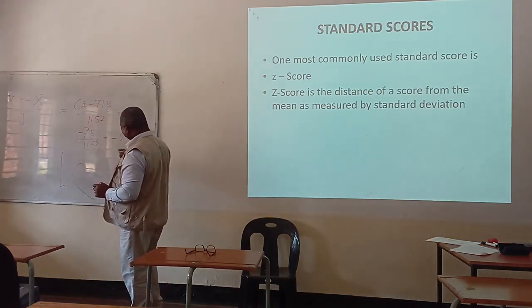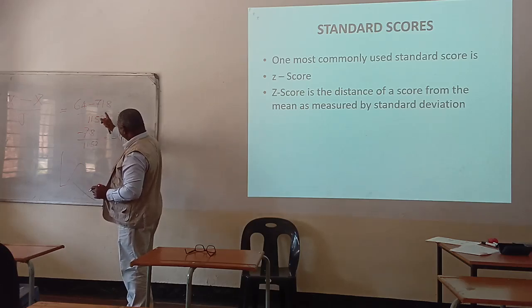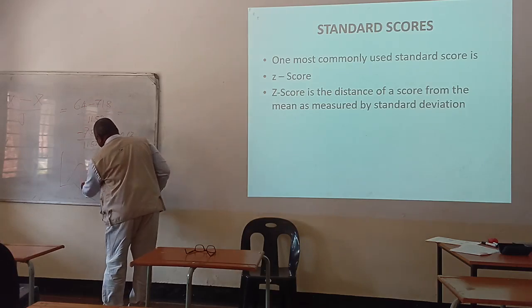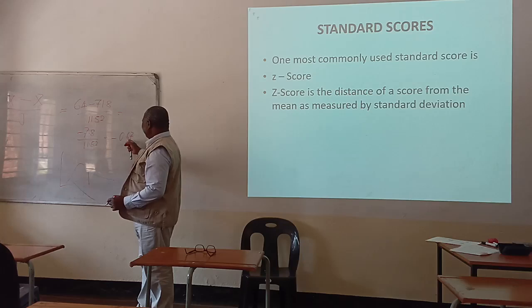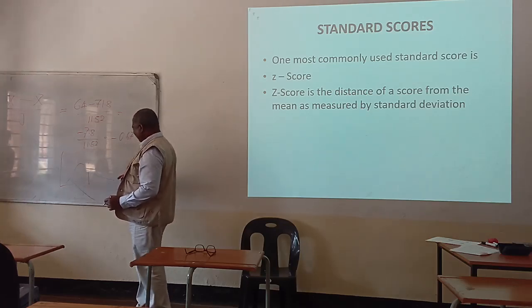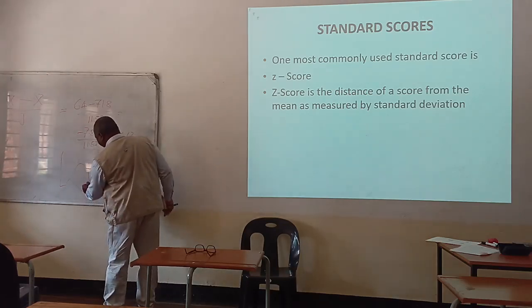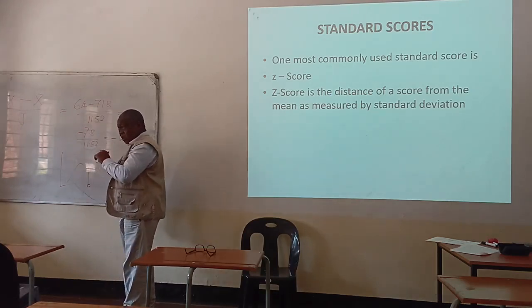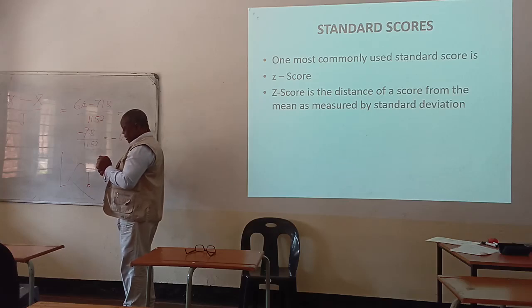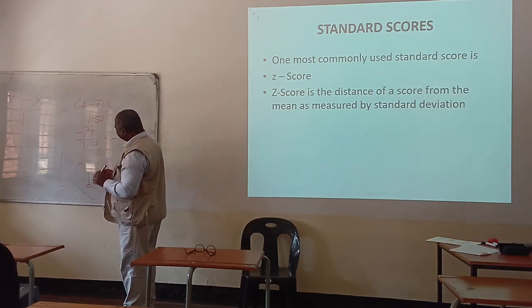Now, if you put the mean, which would have possibly been around there, the mean actually is always 0 as a standard score. Okay? The mean is always 0 using this formula.